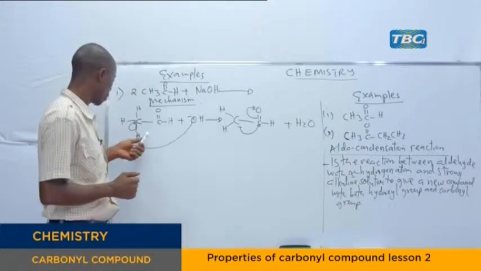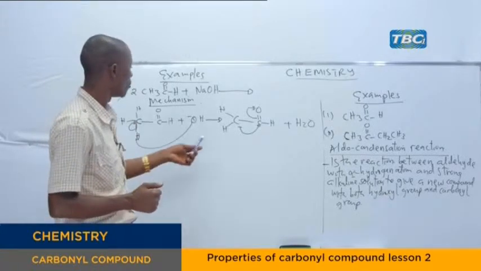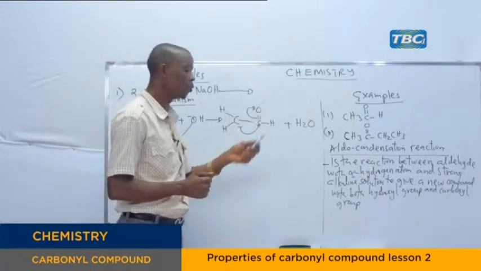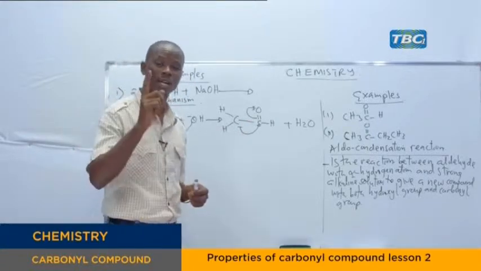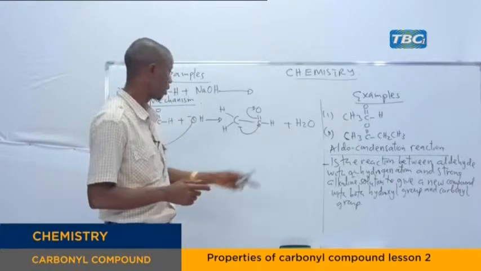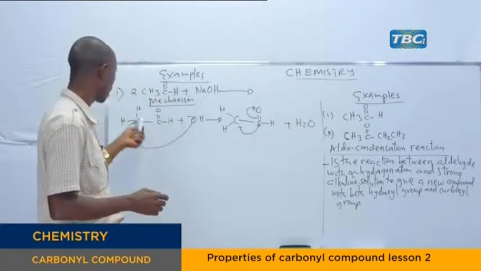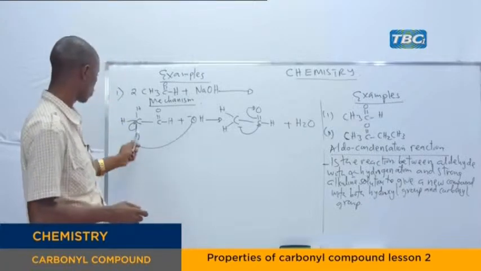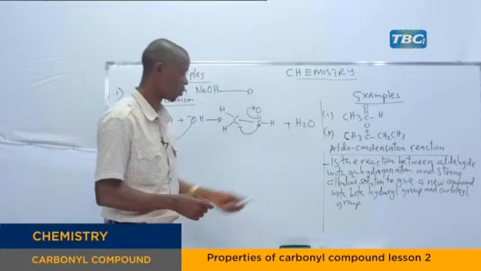If a carbonyl compound loses a proton, the ion which will be formed will be stabilized by delocalization of the electron in that carbonyl group. So it is very simple in that way. So carbonyl compounds are acidic in nature. That's why it donates a proton, reacting with this one to form water.